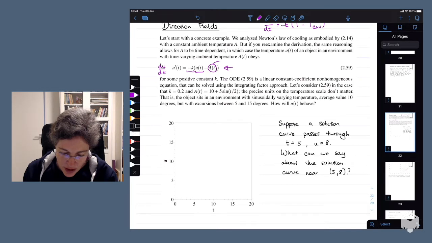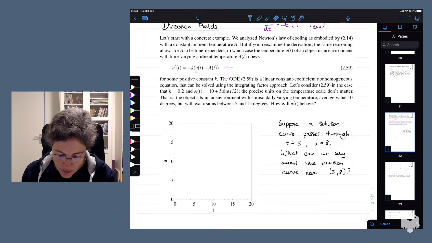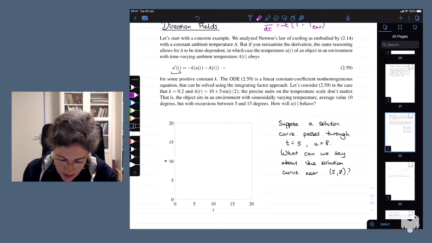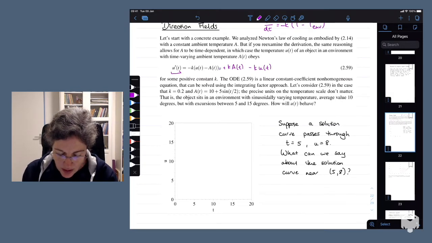We can do a quick check of what kind of differential equation this is. We know that it's first order because it only has one derivative. If you rewrite it, you have plus k a(t) minus k u(t).